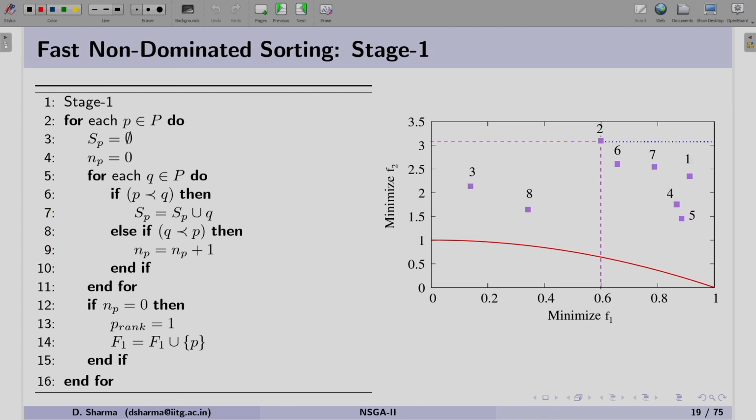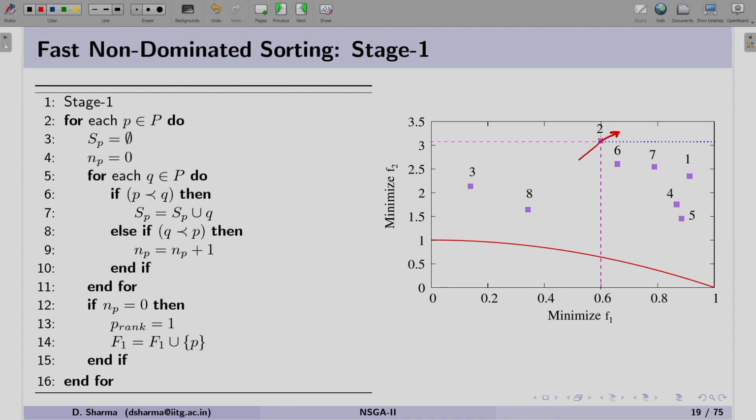Let us take another solution now, solution number 2. Again, using the similar approach, we will look into the first quadrant. In the first quadrant with respect to solution 2, there is no solution, meaning that solution 2 is not dominating anyone.